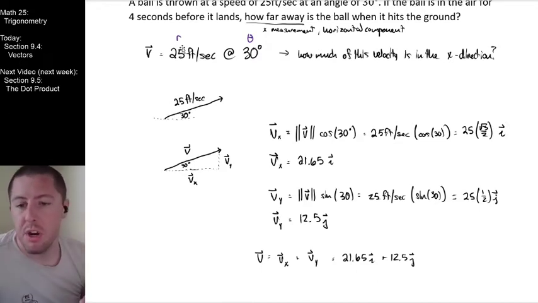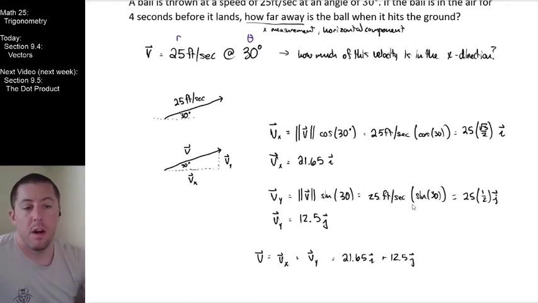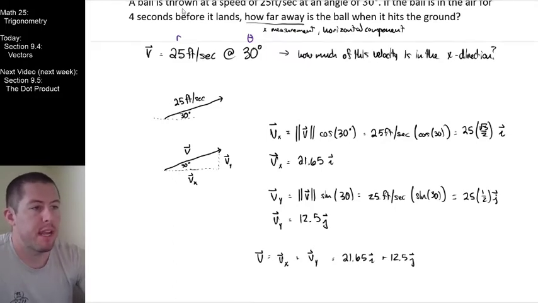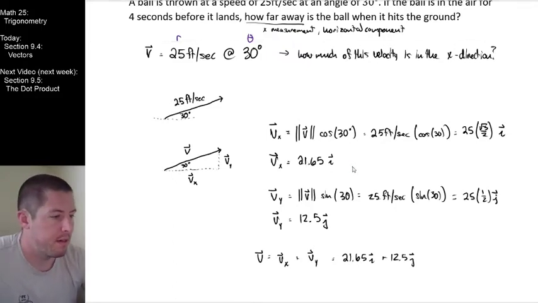Based on the fact that it was a 30-degree angle, we should see that a small amount of our motion is vertical. So this says that the ball is moving up at 12.5 feet per second. The ball is moving to the right at 21.65 feet per second. All right, so let's make these statements here.